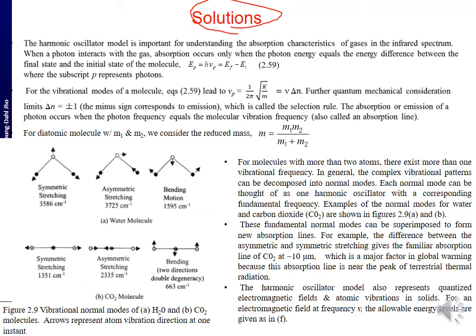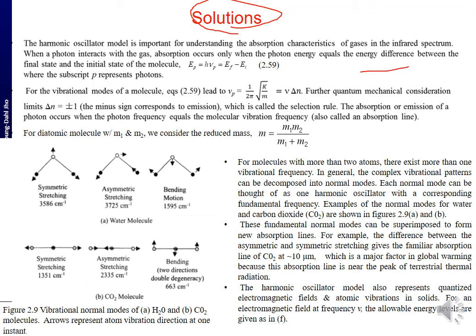Some of the terms you will find in research papers. Let me just read through. The harmonic oscillator model is important for understanding the absorption characteristics of gases in the infrared spectrum. When a photon interacts with the gas, absorption occurs only when the photon energy equals the energy difference between the final state and the initial state of the molecule.